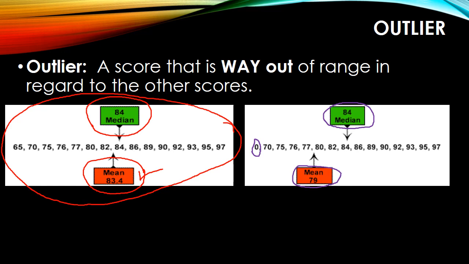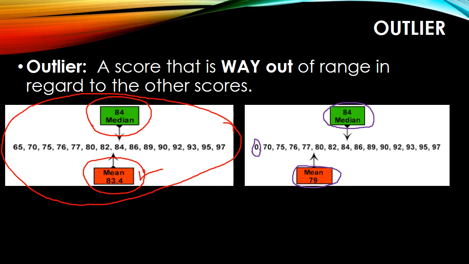It changes it. It depends on that value. If the value is very small, looking at the other values, that means the mean is going to be less than the median. If the odd value or the outlier is very large compared to other values, that means the mean is going to have a larger value than the median.